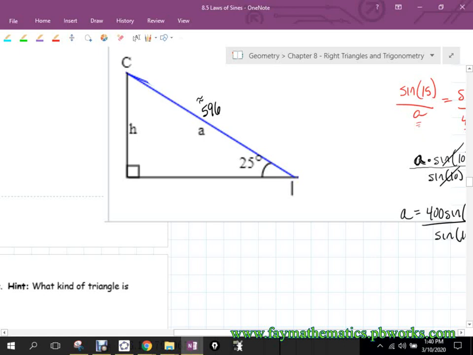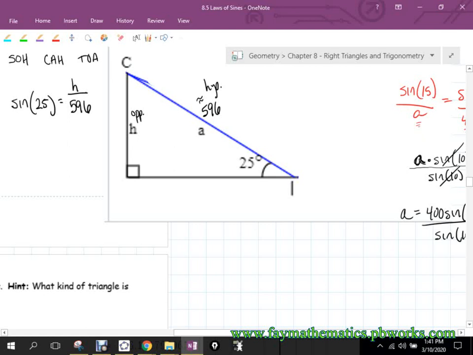So what works in right triangles? Sine, cosine, and tangent, right? SOHCAHTOA is your go-to tool for right triangles. And you're saying sine, right, Hunter? So Hunter's saying H is opposite, 596 is hypotenuse. So sine of 25 degrees is equal to opposite over hypotenuse.